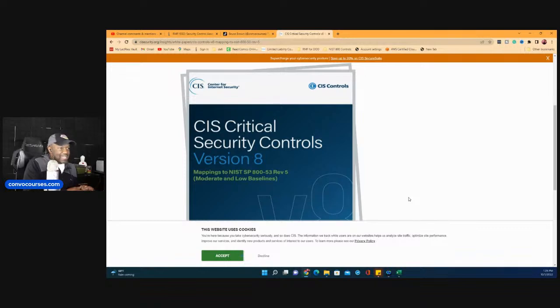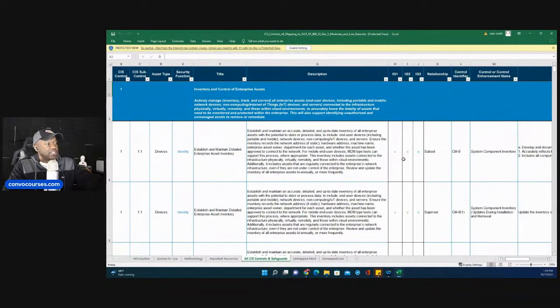The last time, we mapped the CIS controls to ISO 27001. And what's really interesting is if you know one, you have a good idea of all of them. Let me show you what I'm talking about. So let's break this down. I've got a spreadsheet here that I'm going to show you to show how this all maps. Here it is right here.